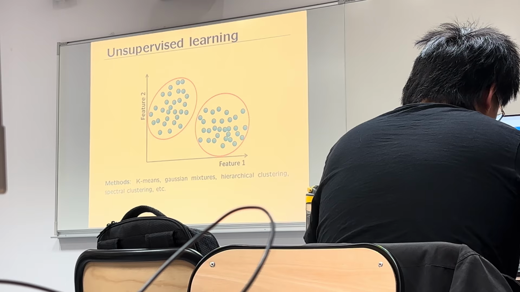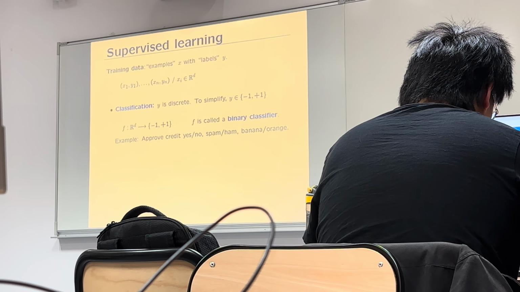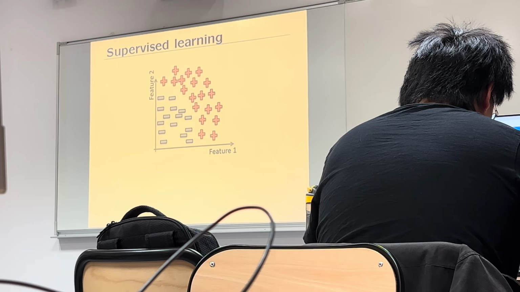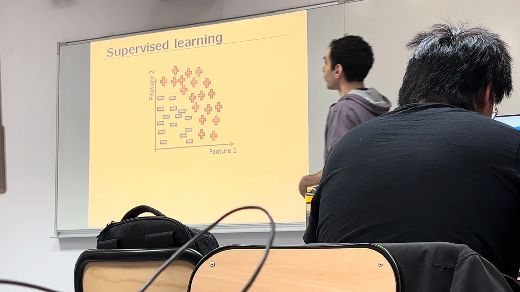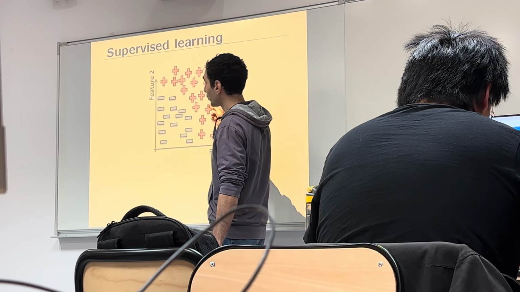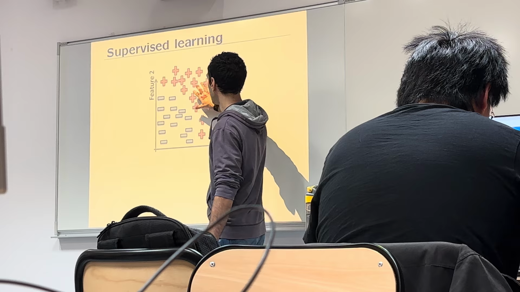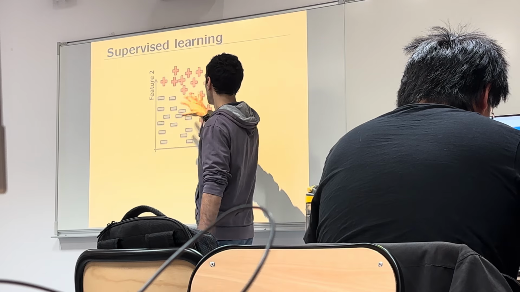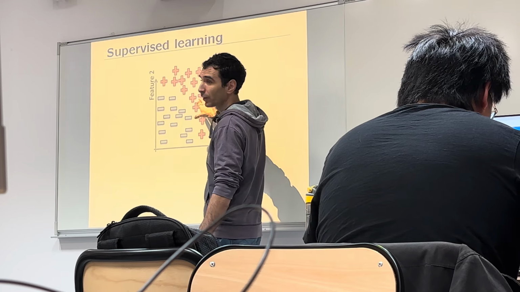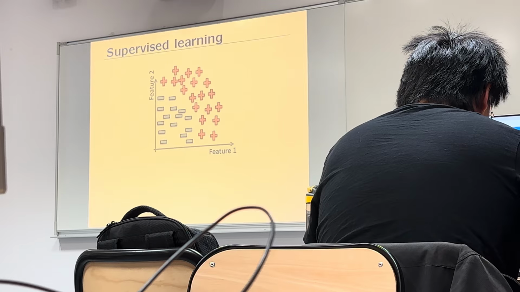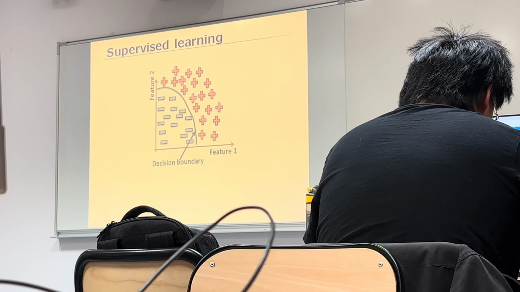Some algorithms are K-means, Gaussian mixtures, etc. For supervised learning, you actually train your algorithm, so you can tell your algorithm these things are, I don't know, bananas, and these things are oranges, and because it knows this, it can then make the groups. So it's easier.